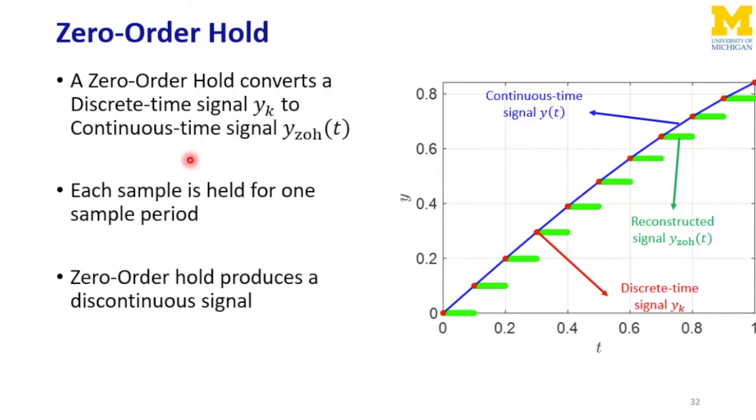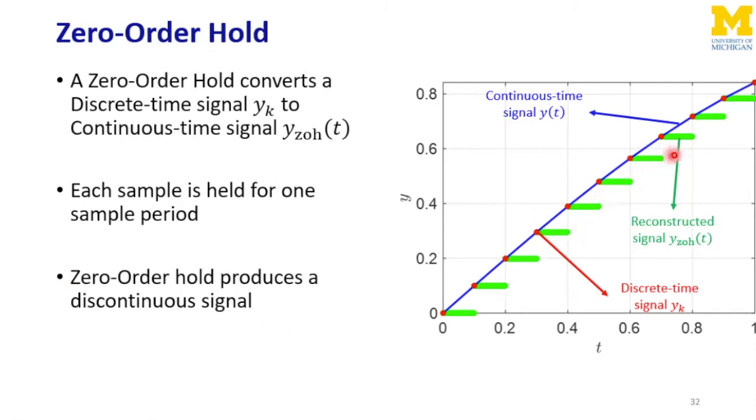Sampling was converting a continuous time signal into a discrete time signal. A zero order hold converts a discrete time signal to a continuous time signal. And it does that by simply holding the sample at its value for the entire sample period. So now the zero order hold is going to produce a discontinuous signal.